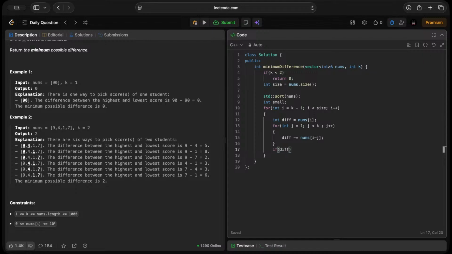Now if diff is greater than 0, greater or equal to 0, so we got if diff is less than or equal to 0, and if diff is less than small.